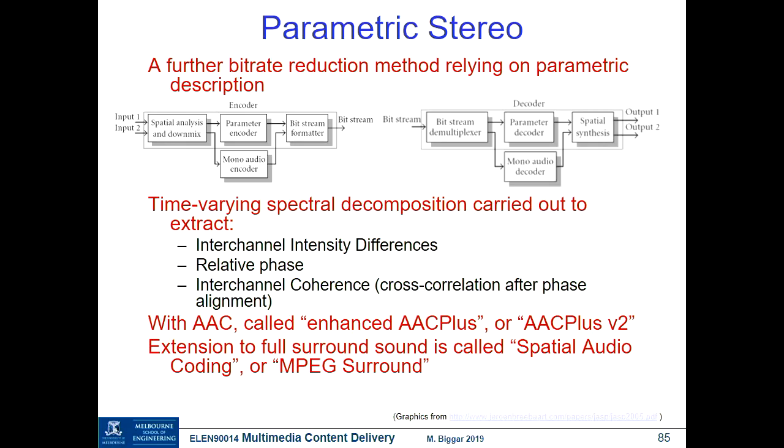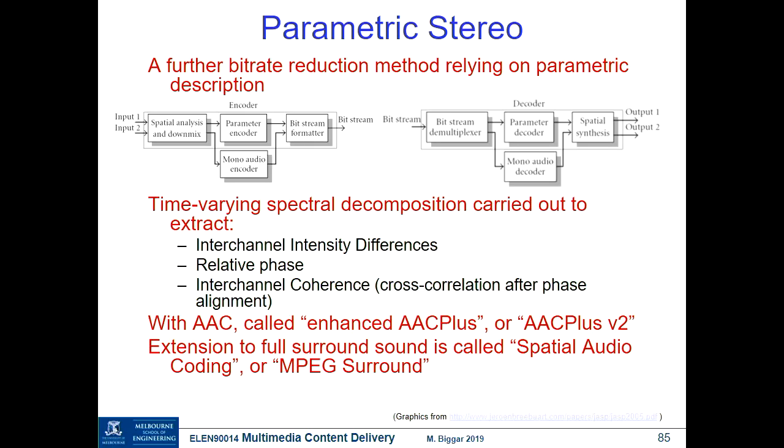So if we have a two-channel audio system, but instead of coding both channels, we just encode one channel and just parametrically describe the other one. Right? So we can synthesize effectively the second channel with parametric assistance.